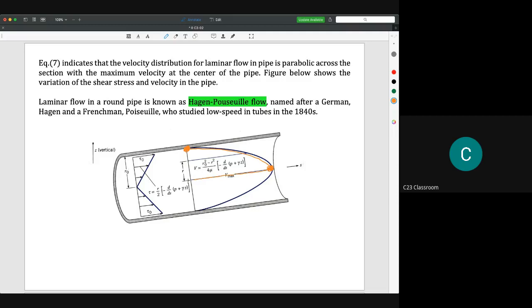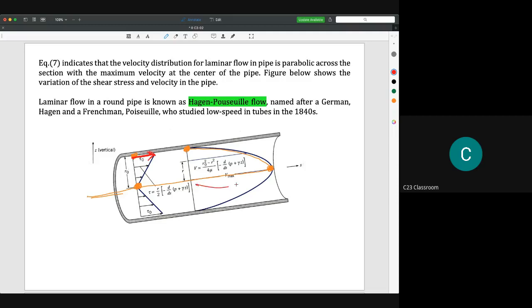At this line, the shear stress is at minimum, so we assume that it is equal to 0, because it is the longest distance from the pipe wall. But at r equal to r naught, the maximum value, the shear stress becomes maximum. This is what this diagram tries to tell you.